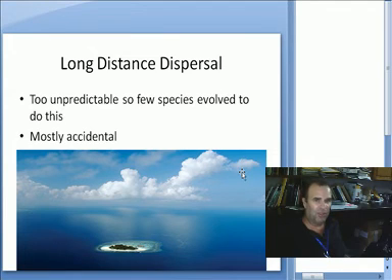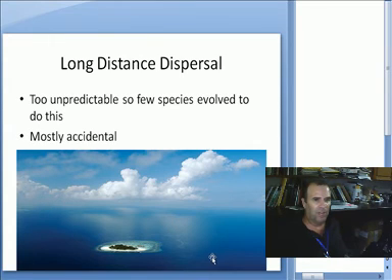If you contrast that with a seed which is being carried by a bird, that bird could be 5 kilometers away flying through. It sees the island. It needs a rest. It's going to fly towards that island and it's going to land on that island. So the chances of a plant or a bird or a bat actually finding land is much greater than if it is being carried passively by the wind or passively by ocean currents and so on.